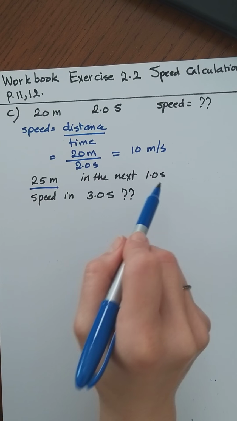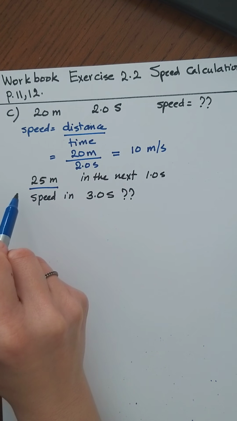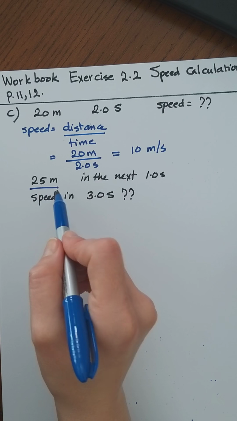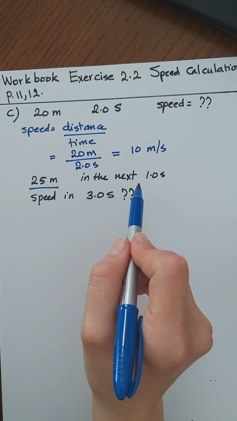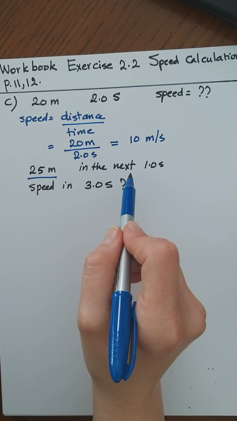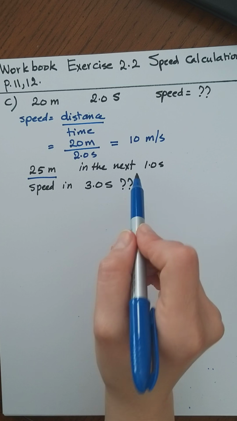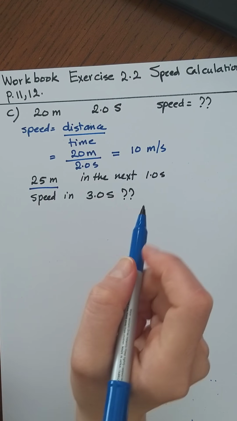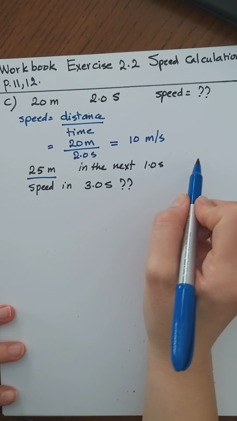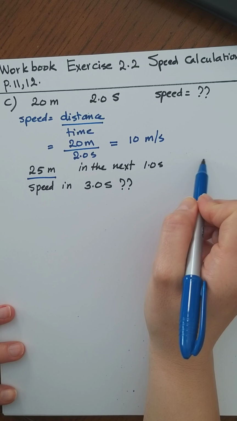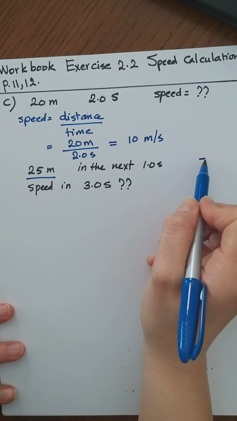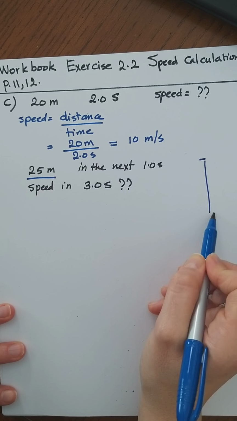Here in the next 1 second, it fell another 25 meters. So the average speed for the next 1 second is different. Calculate the stone's average speed during the 3 seconds of its fall. So now the speed that we need to calculate is between the beginning of the falling for 3 seconds.